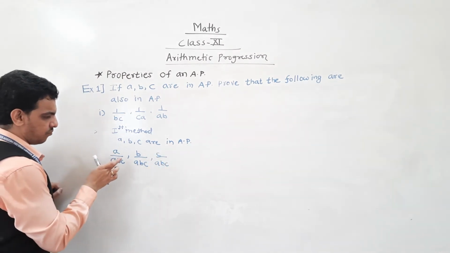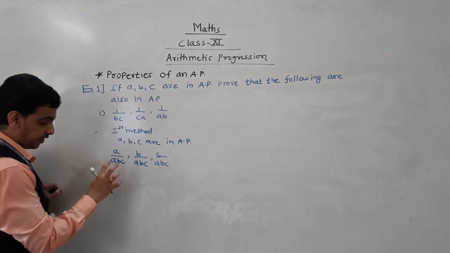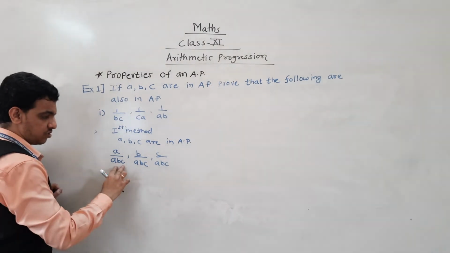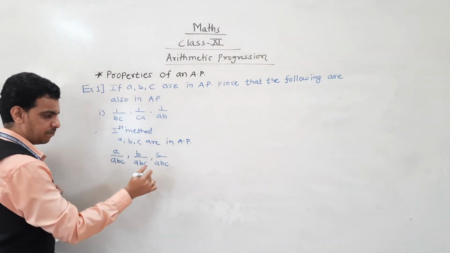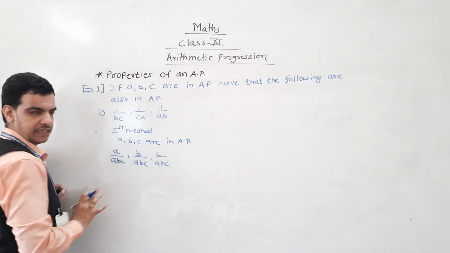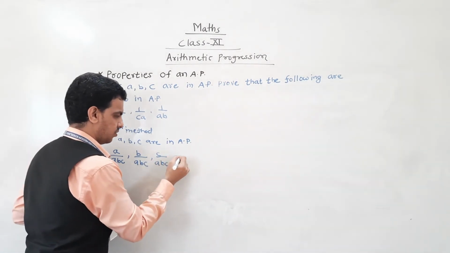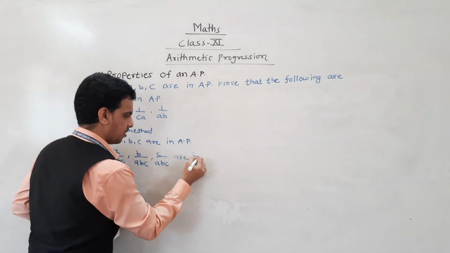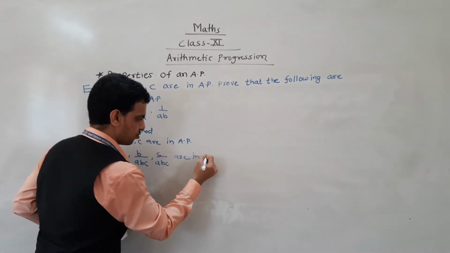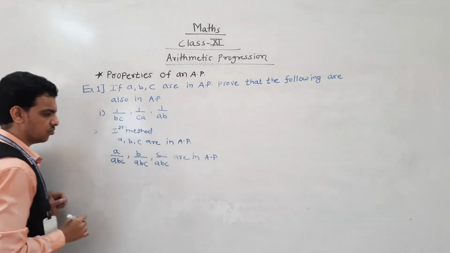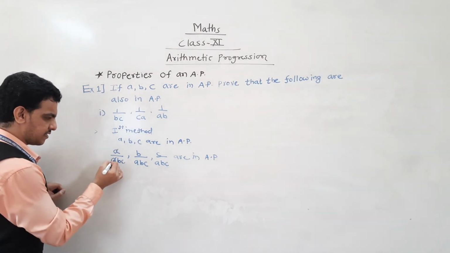So by the second property, if we divide each term of an AP by any non-zero constant, then this is also an AP. So these terms are also in AP, and this will get cancelled.